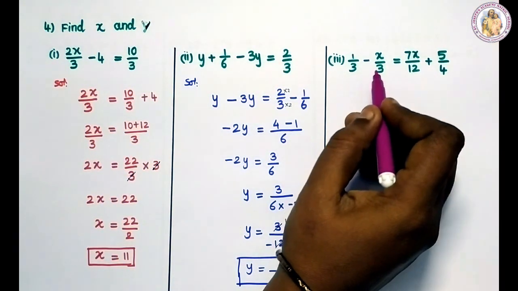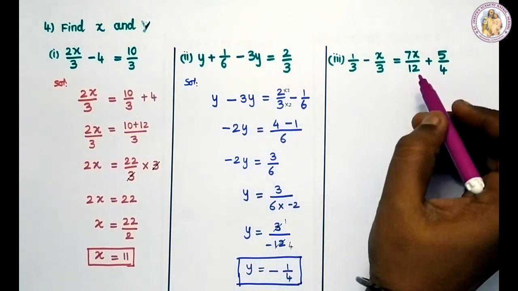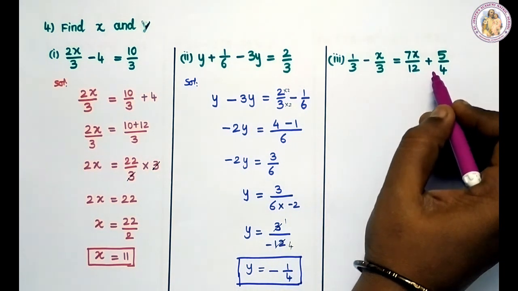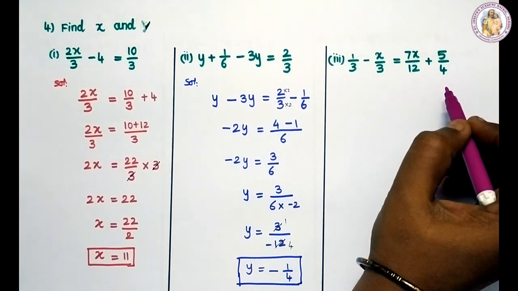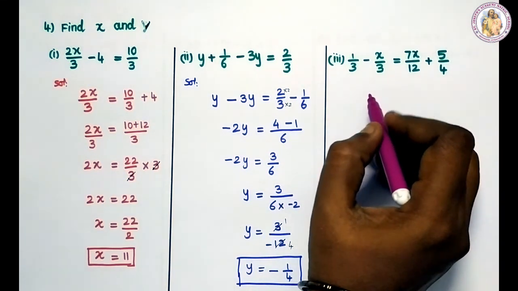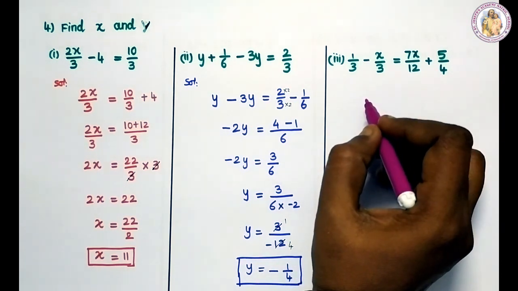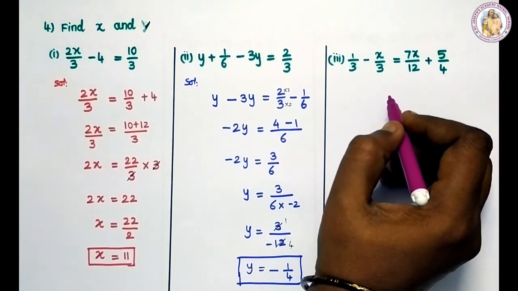1 by 3 minus x by 3 equal to 7x by 12 plus 5 by 4. Assemble the numbers in one side and variables in one side.